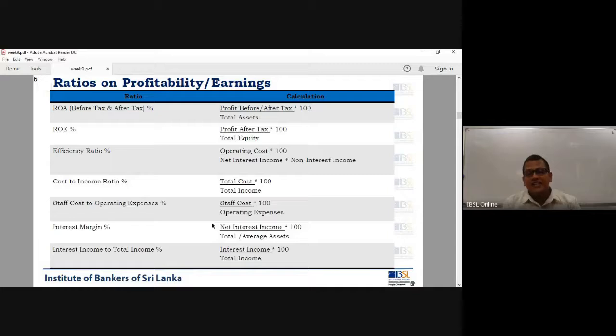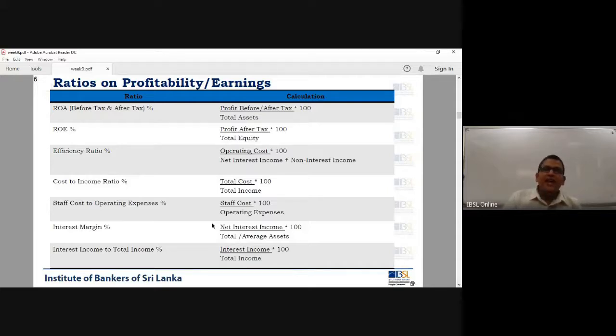The first is that investors are keen on these profitability ratios, because their main purpose of investing in the company is getting a profit. So in that case, profitability analysis is most important. Other than that, profitability generates internal capital for the institution.